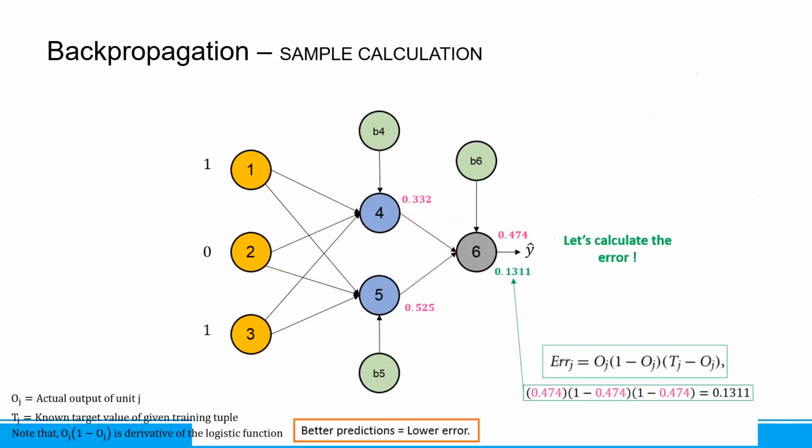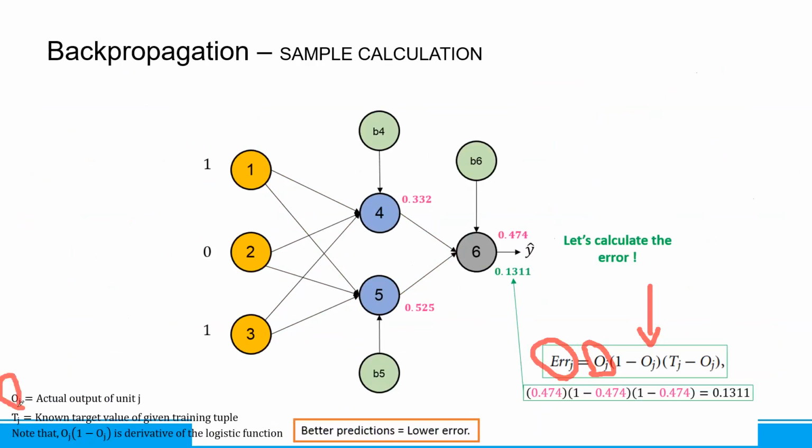Now, after we have all those numbers, we need to calculate the error. This error will be useful to later update the weights. How can we calculate the error? I'm using only this formula. Sometimes there is another formula, but for this basic network I use this one. The error will be Oj times 1 minus Oj times Tj minus Oj.